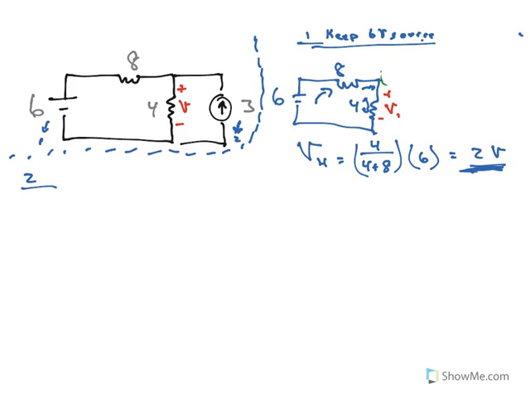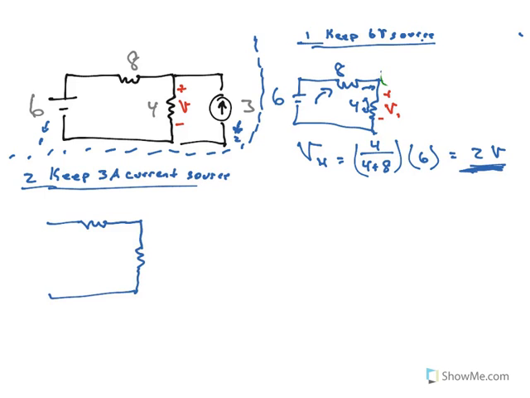My second circuit is going to be keep the 3 amp current source and drop all the other sources. So what does this look like? Well, here's my 8, here's my 4, here's my current source.